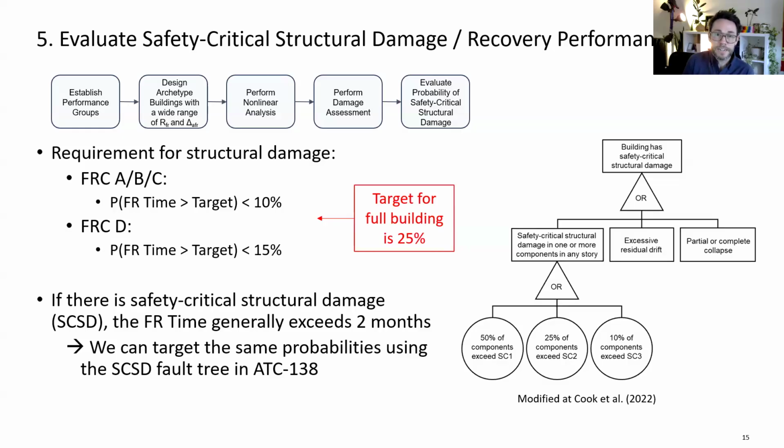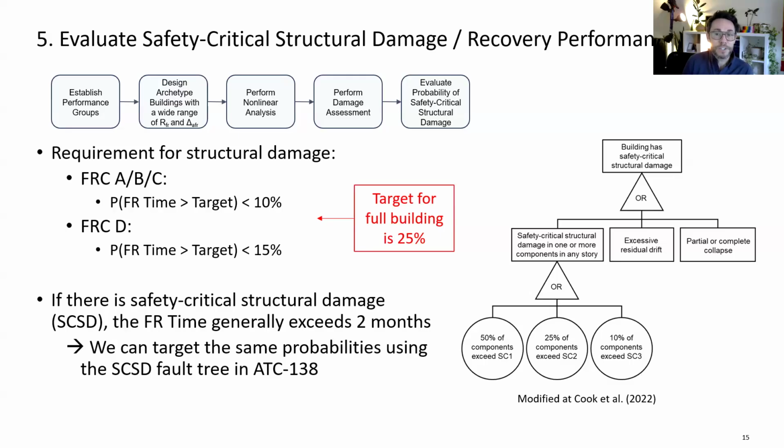The performance objective is to ensure that the probability of exceeding the target recovery time is less than 10% for functional recovery categories A, B, and C, and less than 15% for D. And as I mentioned earlier, the overall reliability target for the building is 25%. So the intent here is to ensure that only a portion of that allowance is attributed to structural damage.